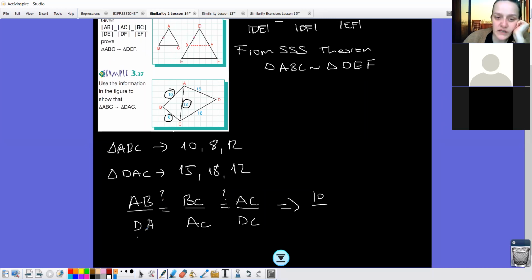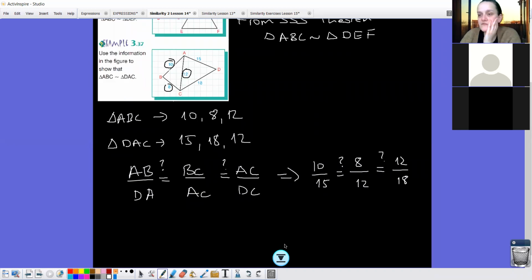Then 10 over DA is 15. Then BC is 8 and AC is 12. Then AC is 12 over DC is 18.